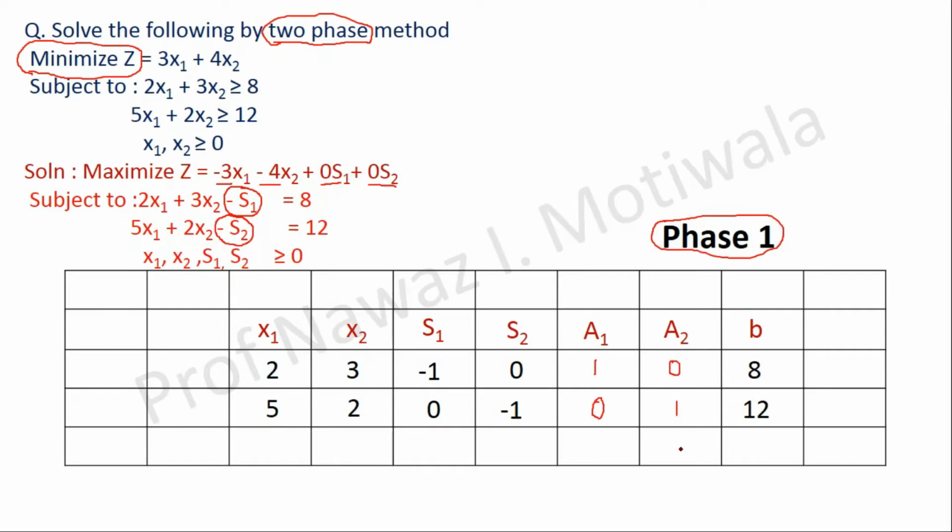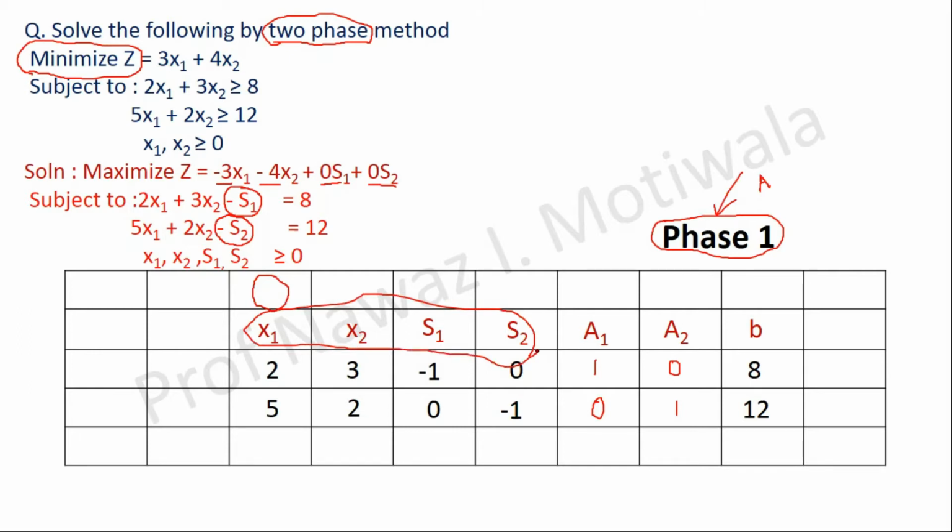Next step, what we used to do is write the coefficients from the objective function at these particular places. But as it is the two-phase method, and I have already told that in phase 1 we will consider only the artificial variables, hence in phase 1 the coefficients of all these variables x1, x2, s1, s2 will be 0.